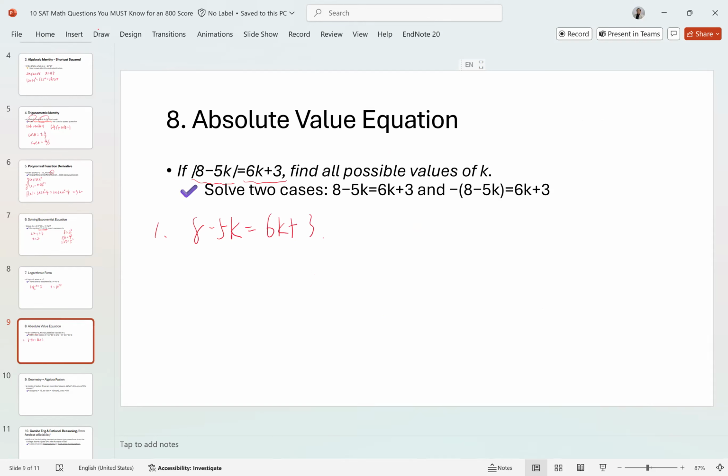And for the second case, negative of 8 minus 5k equals 6k plus 3, right? For the first case, we can solve the value of k, which is 1. And for the second case, k equals negative 11, right?